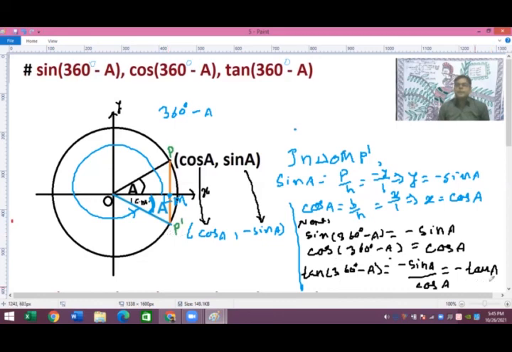So in this way we can develop the relation between 360 degrees minus A and this angle A.